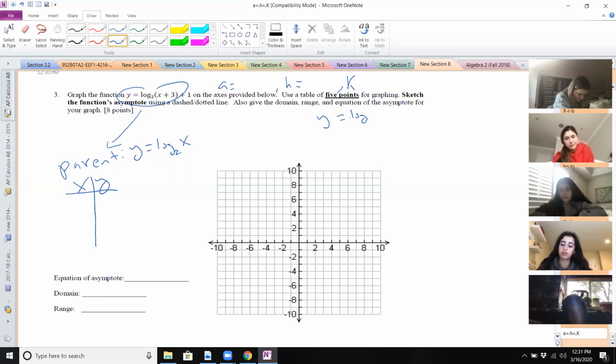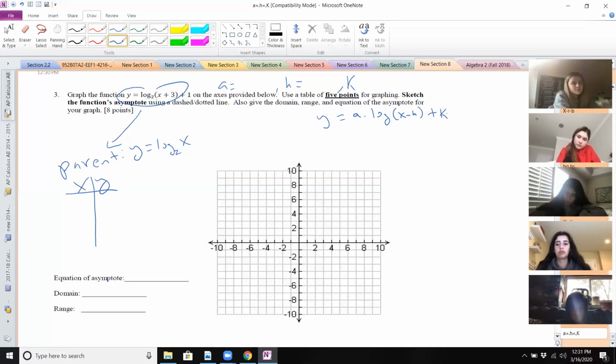Generally speaking, that's what we expect for a general log equation. You have h and k values. So a is 1, h is -3, and k is 1. So you don't worry about a at all. That's not a concern of ours.